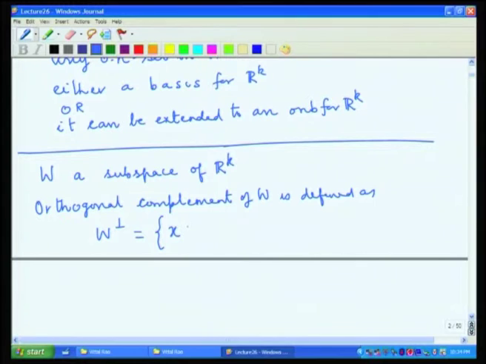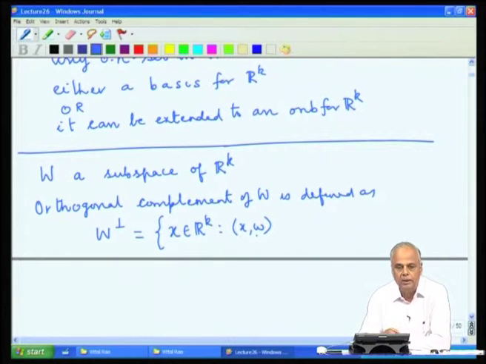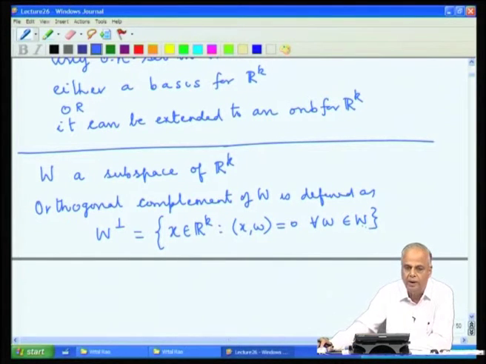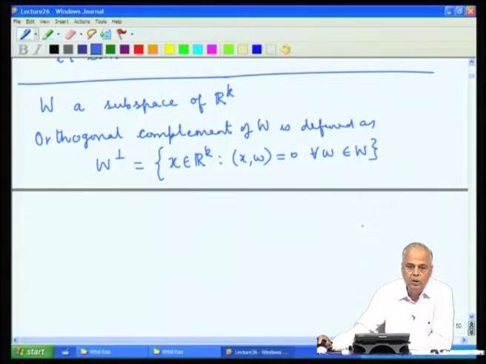It consists of all those vectors in R k which are perpendicular, which are orthogonal, that is the dot product is 0 for every vector in W. That is, these are vectors which are orthogonal to every one of the vectors in W.